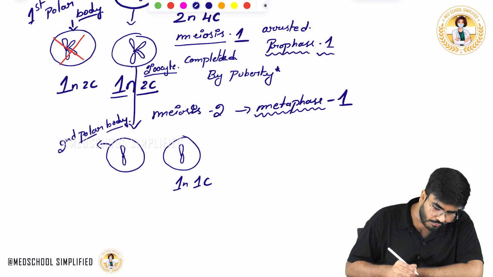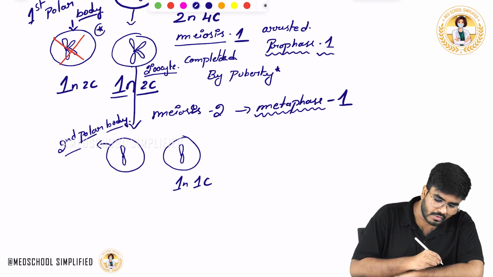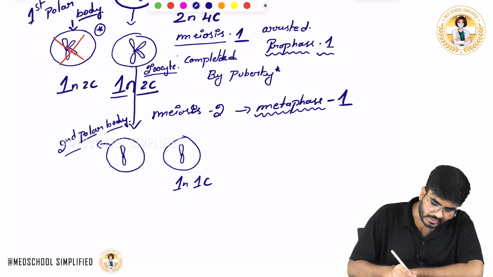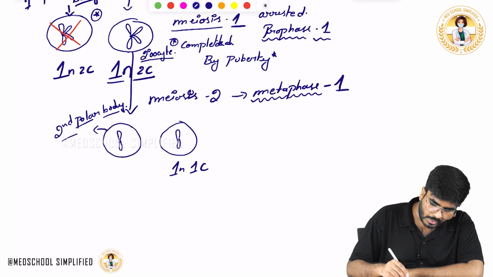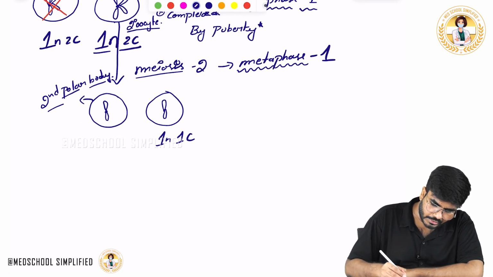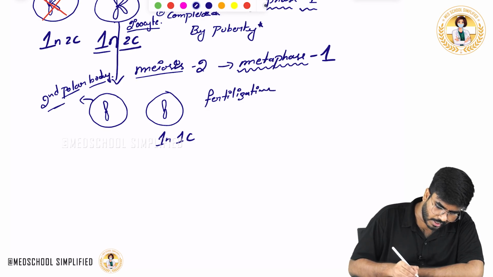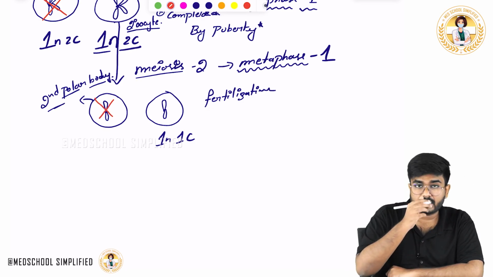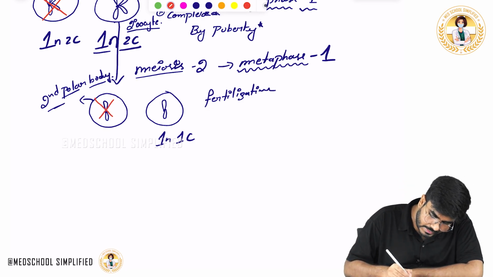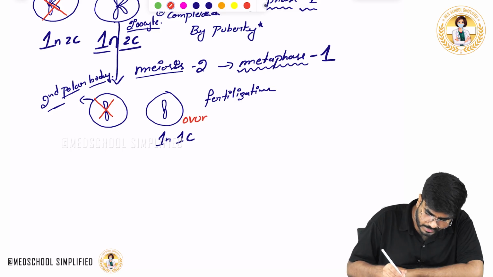So, when do you have first polar body formation? It is seen during puberty. The second polar body formation is seen during fertilization. The second polar body is useless, it is gone. This is your ovum.